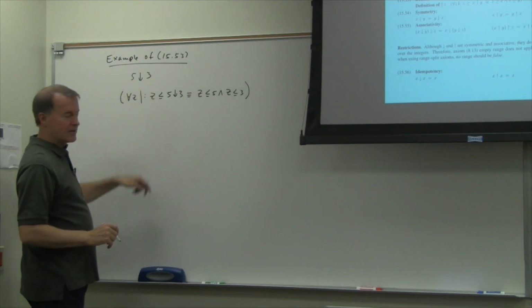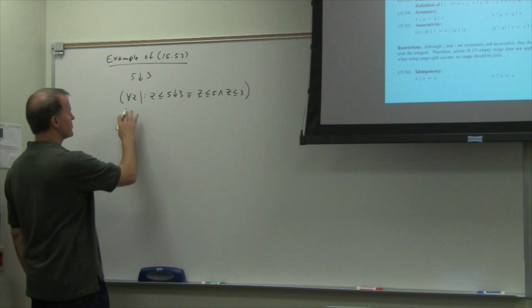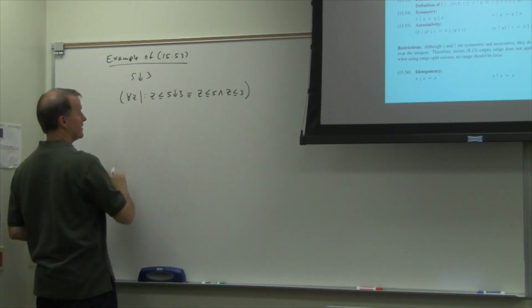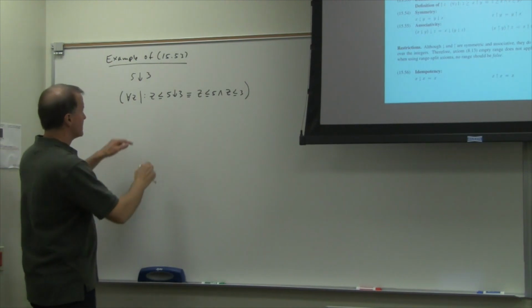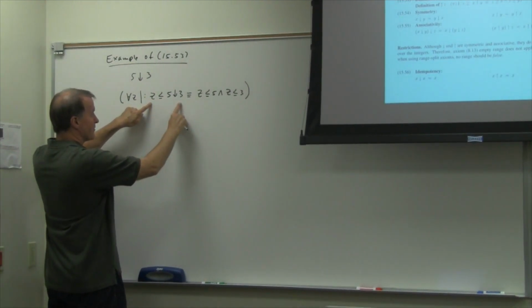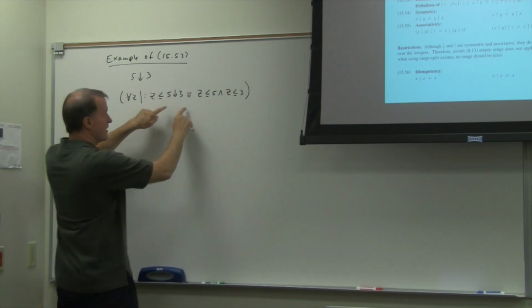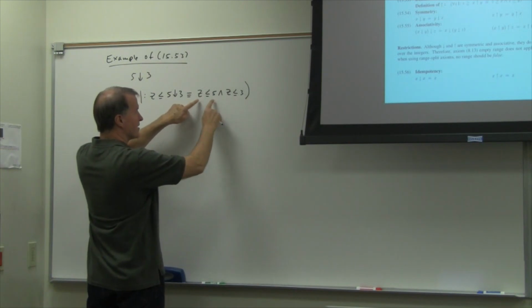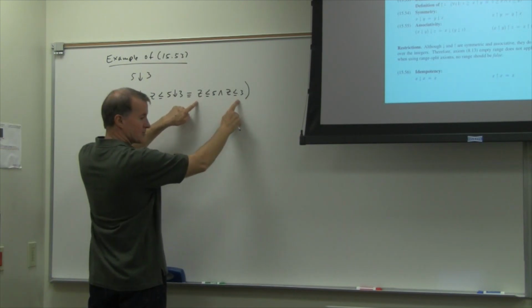So let's think about it. Is this really true for all z? Well, let's do a couple. How about if z is 10? Then 10 is less than or equal to 5 min 3 would be false. But then 10 is less than or equal to 5 and 10 is less than or equal to 3. That's false and false.